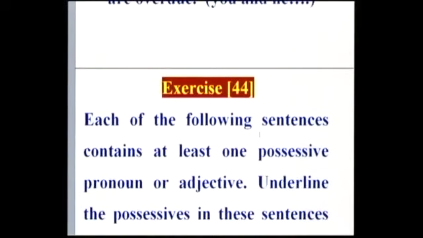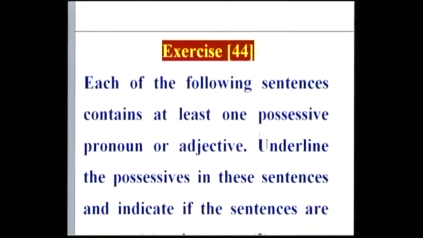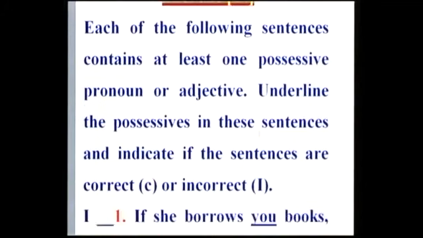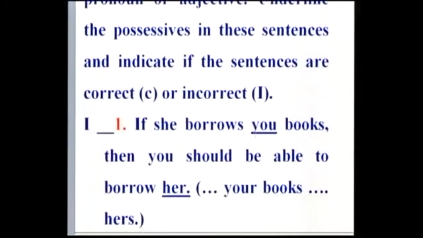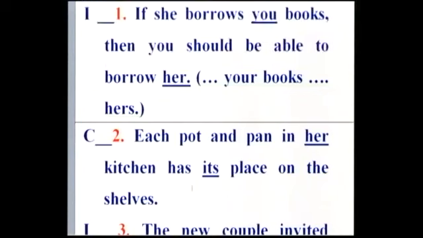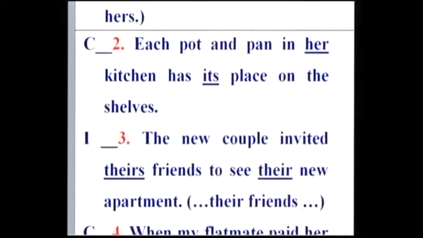Type exercise 44. Each of the following sentences contains, you know what happens here. If she borrows you books, لا, if she borrows your books, then you should be able to borrow her, لا, you should be able to borrow hers. Each pot and pan in her kitchen has its, لأن each is singular و its is singular زيها, has its place on the shelves.